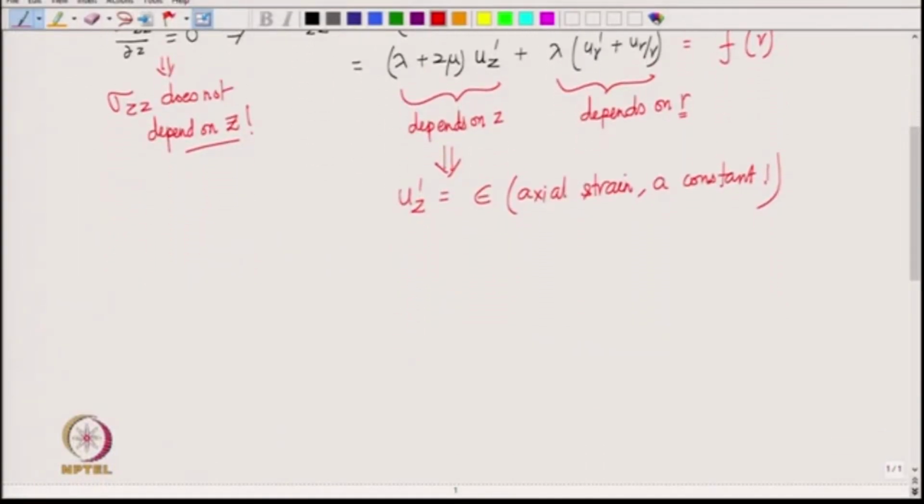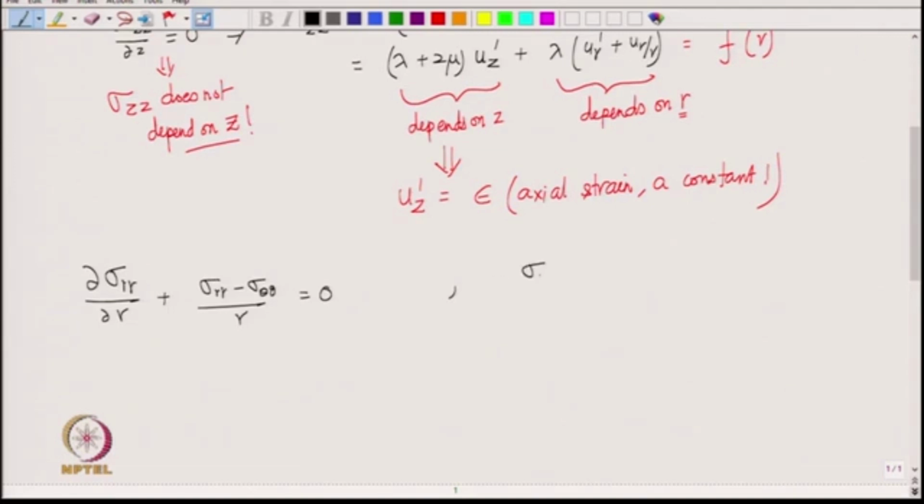So, this is coming from the second equation. Let us look at the first equation, what do we get from there? So, we have del sigma r r over del r plus sigma r r minus sigma theta theta over r equal to 0. So, let us plug in the formula for sigma r r and sigma theta theta.